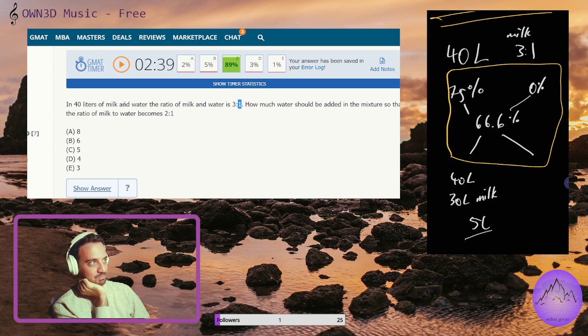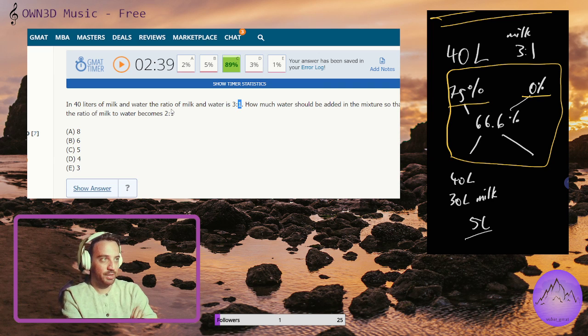So in other words, it's 75% milk. We're starting with 75% milk, and we're adding just water, so we're adding 0% milk. And we want to get to a mixture that is 2/3 milk, so 66.6% milk.